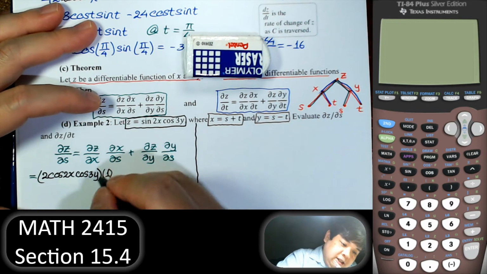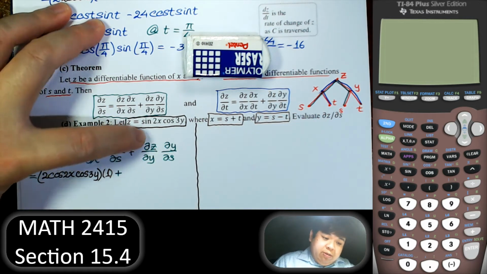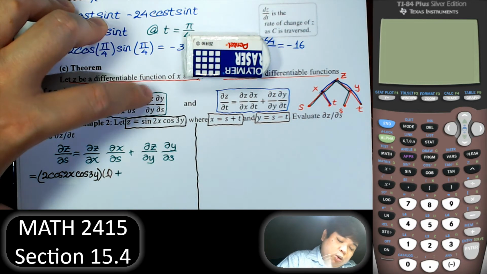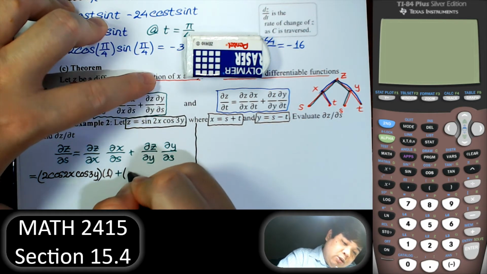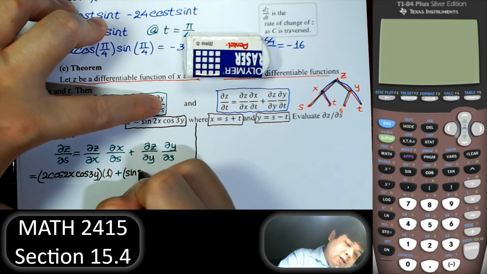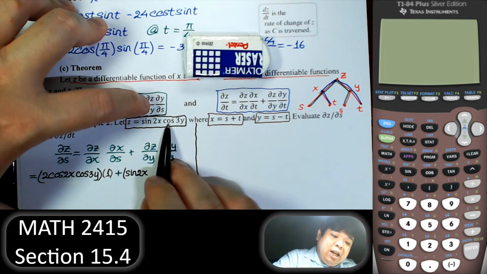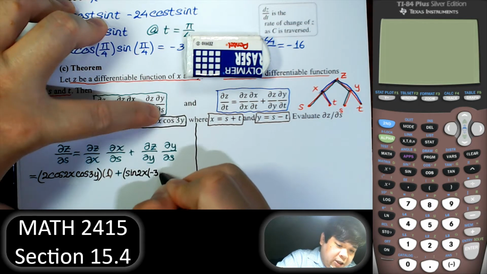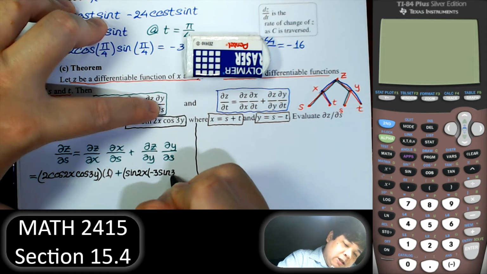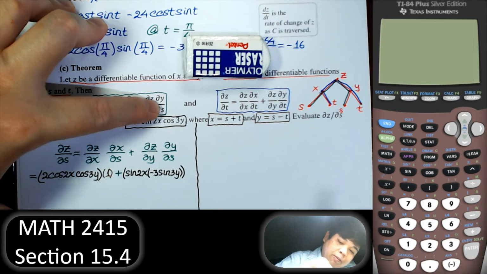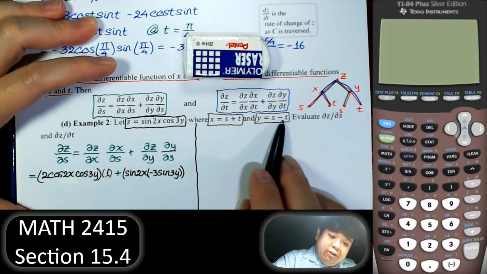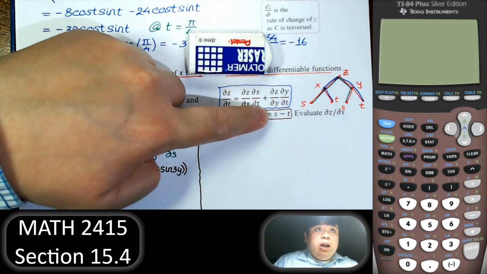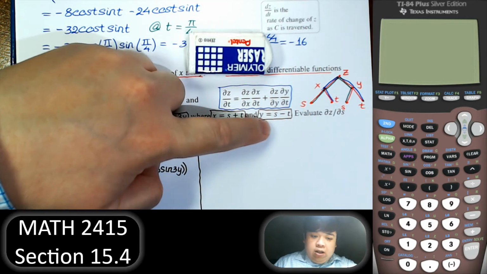We're going to add the derivative of z with respect to y. With respect to y, sine of 2x is a constant, so we have sine of 2x. And then cosine of 3y, derivative is negative 3 sine of 3y. And then derivative of y with respect to s is just 1.